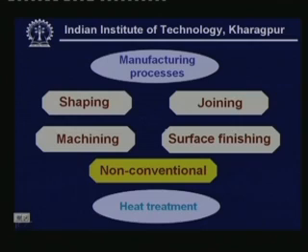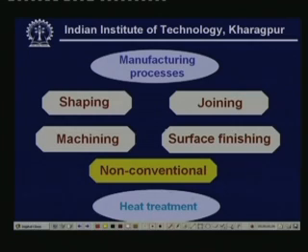And over and above there is one called heat treatment. What is this heat treatment? Whatever machine element you manufacture by all these methods can ultimately go through a heat treatment process to increase its material properties. So, that is a heat treatment process.